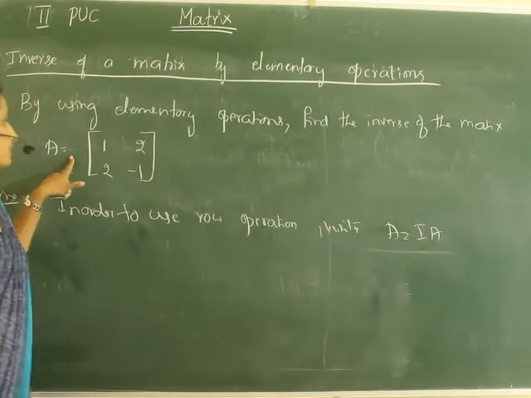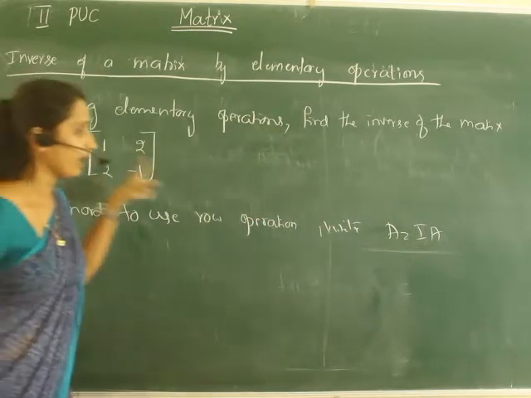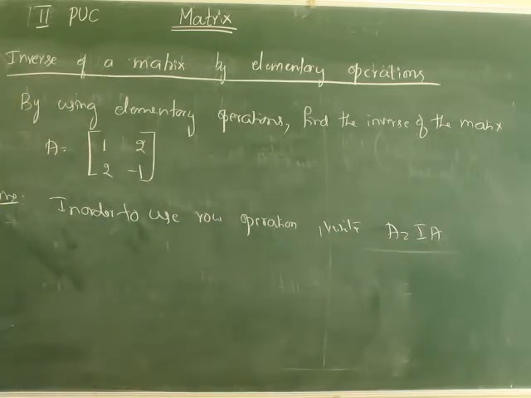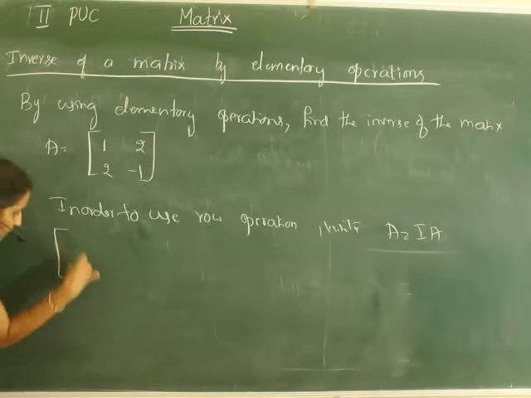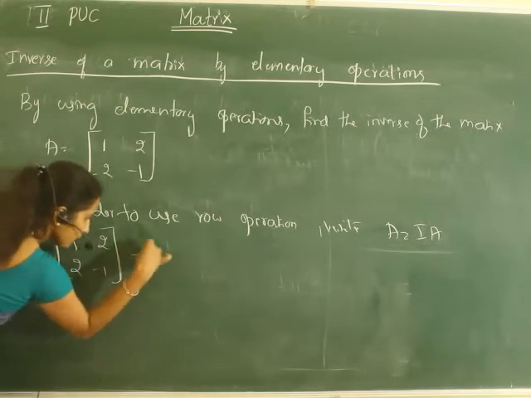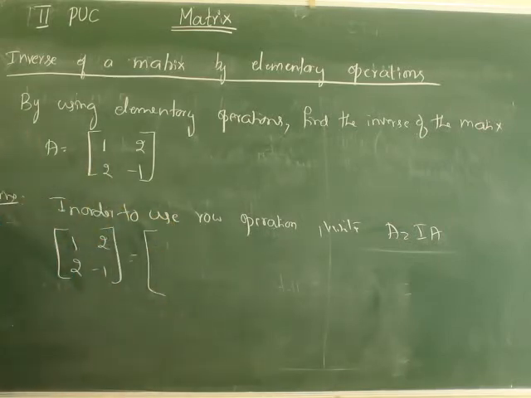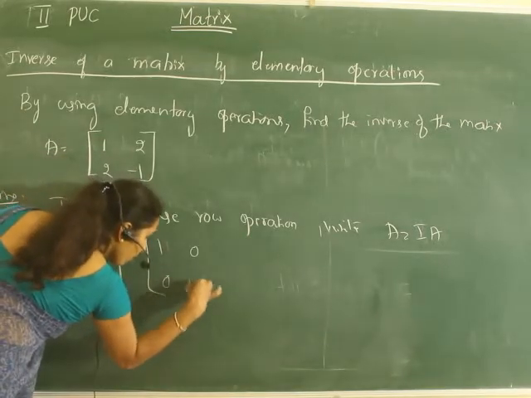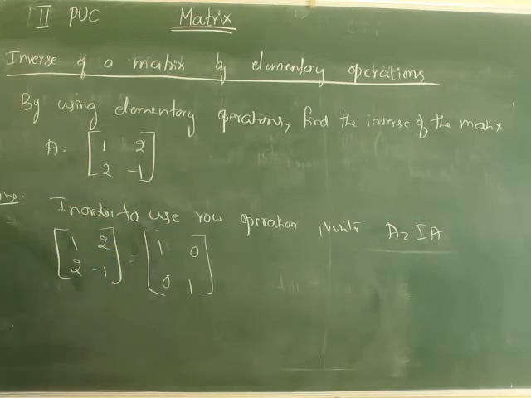Now the given matrix is 2 by 2, therefore I is a 2 by 2 identity matrix. So for A we write the given matrix itself: 1, 2, 2, minus 1 is equal to the identity matrix of order 2 by 2, that is 1, 0, 0, 1, into A.